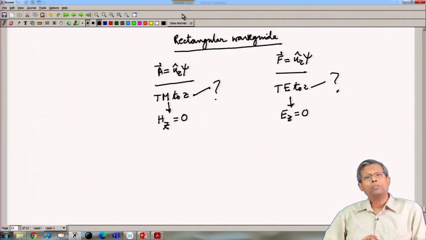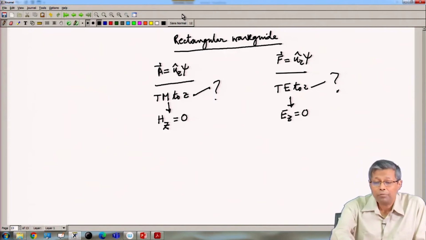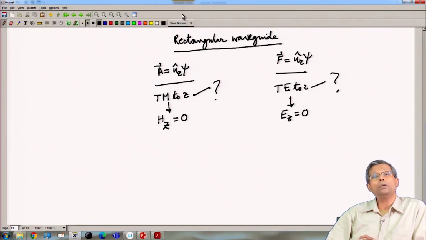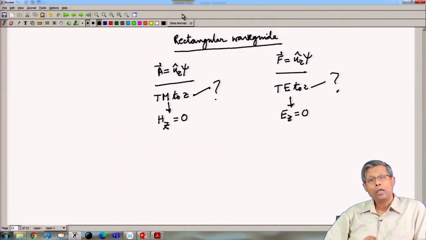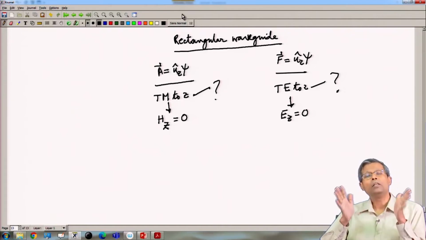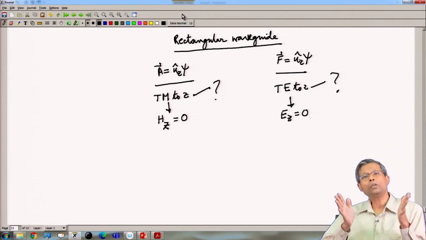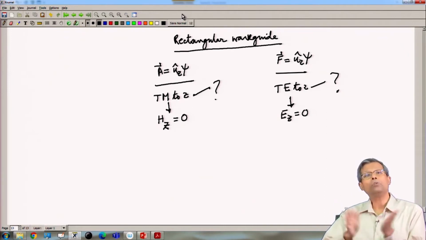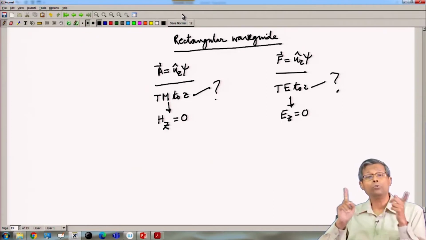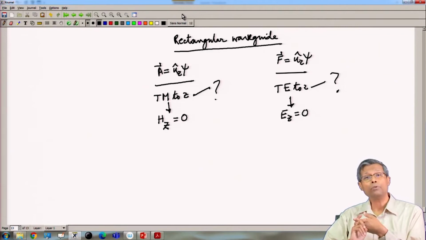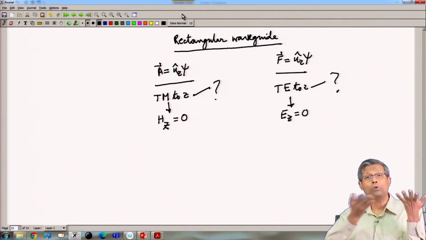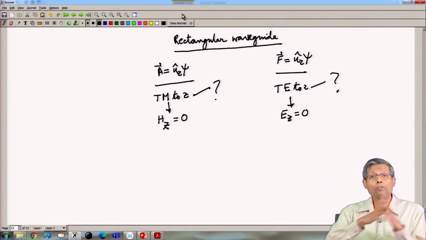For that purpose we need to take the field expressions for the TM to z and TE to z modes and satisfy the boundary conditions of the waveguide. If the boundary conditions are adequately satisfied, we conclude that those modes are valid mode sets for the waveguide. If they are not, we have to continue to hunt for alternative mode sets.